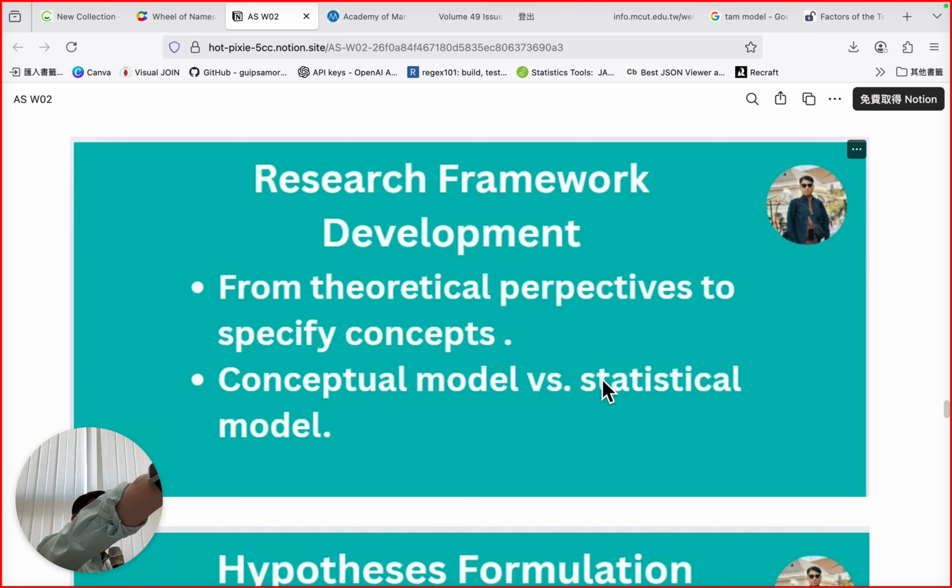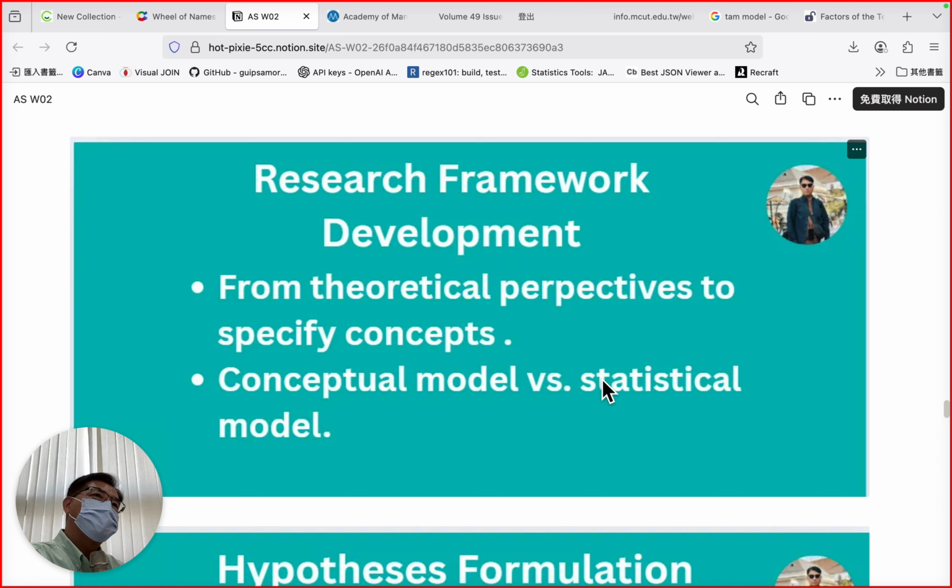Yeah, please. Actually, in my understanding, the conceptual framework is the concept of our research in general, like how we will conduct our research from the beginning until the end. And the statistical framework is usually how we will work with the data.